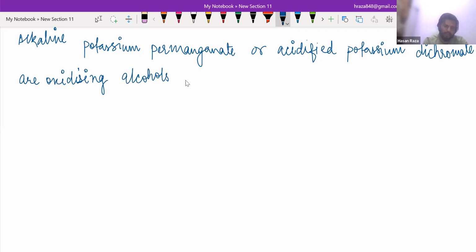They are oxidizing alcohols to acids. That is, adding oxygen, or addition of oxygen.